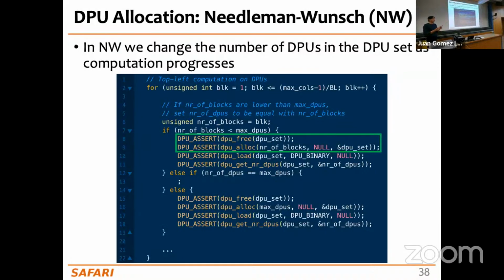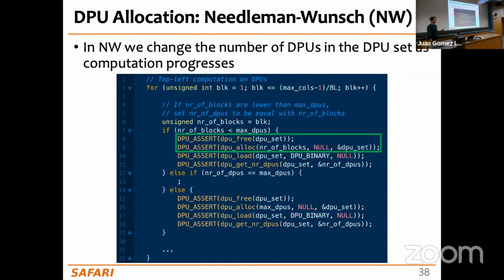If your reads are short reads, you may not need to use more than one DPU for the entire thing, or maybe not even more than one tasklet, right? In this specific code, which belongs to our benchmark suite, we wanted to evaluate this kind of feature: the possibility of changing the granularity of the computation over the program. But it's really good that you are thinking along those lines.